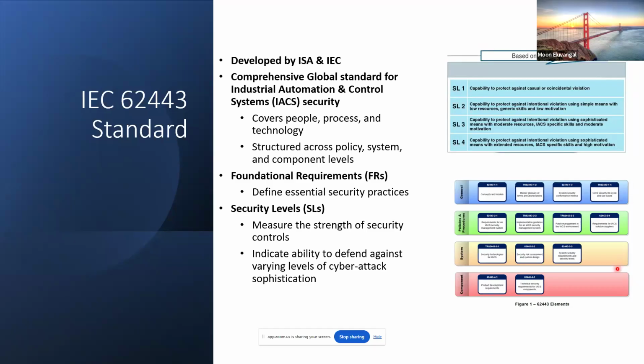And finally, the fourth area, 4-1 and 4-2, covers the cybersecurity requirements of the components which are used to build an industrial control system. It may be an embedded component, a machine, a piece of software, or a workstation.